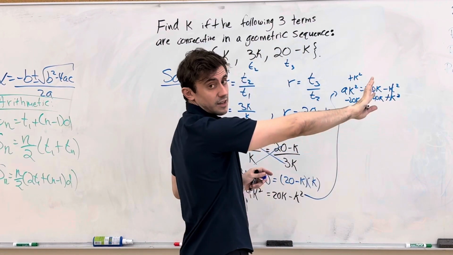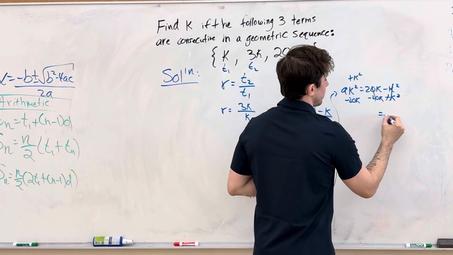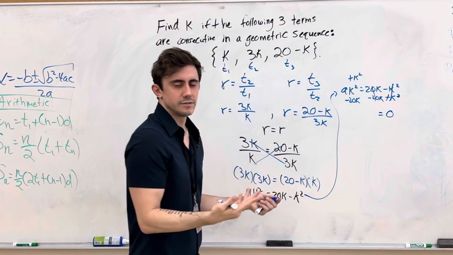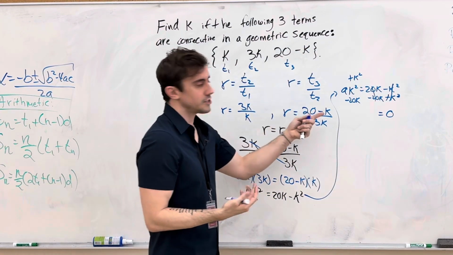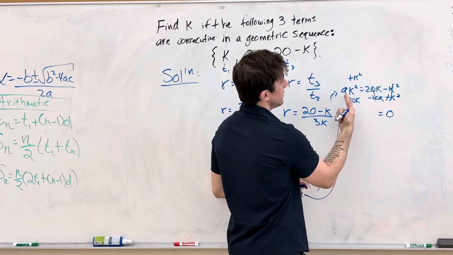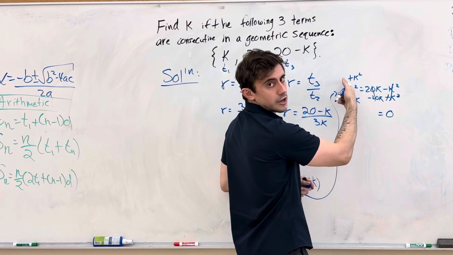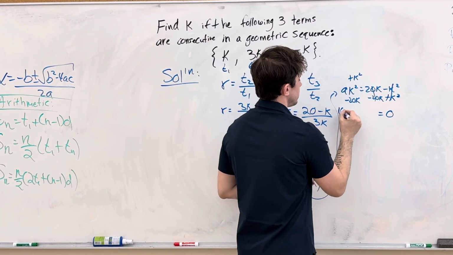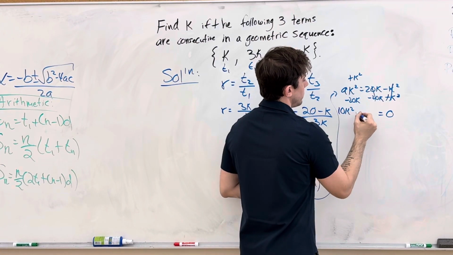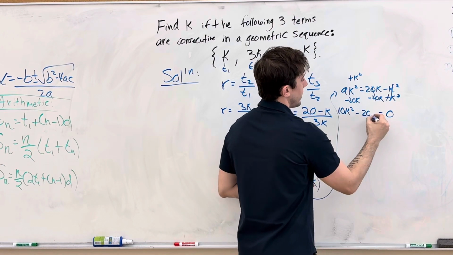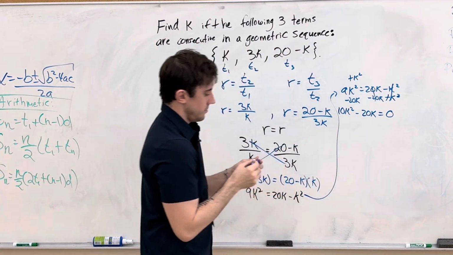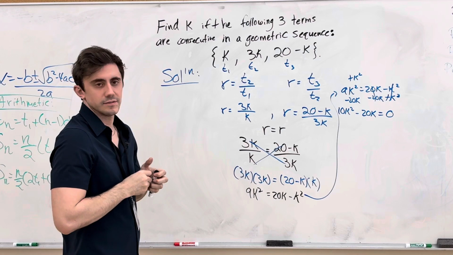And so that there's nothing left on the right-hand side, and so we have it equal to 0, which is what we often do in solving quadratic equations. And on the left-hand side, 9k squared plus another k squared is 10k squared. And we have the minus 20k as well. And so 10k squared minus 20k must be equal to 0.